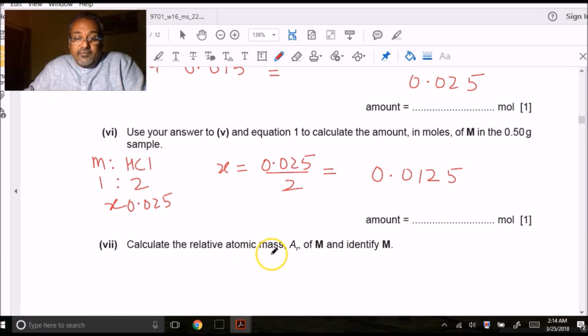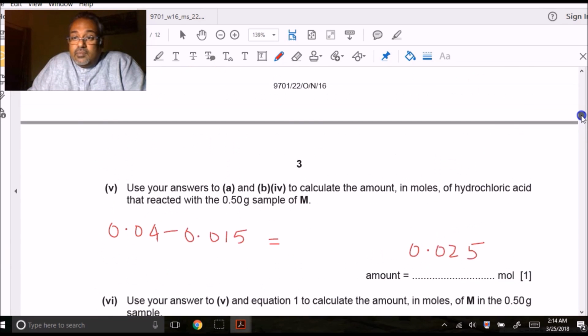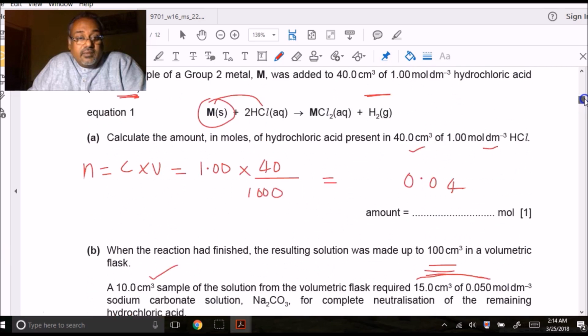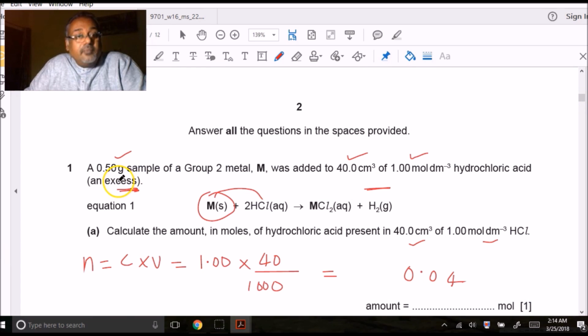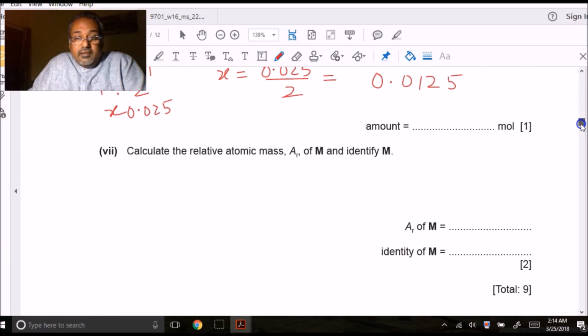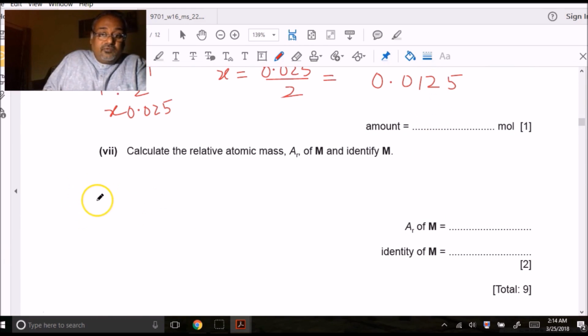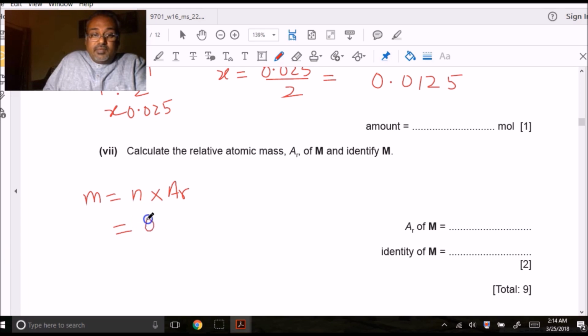And we have to use that information to find the AR of the M. Now for that, if you go back to the question, you'll notice that the mass of M was 0.5. So I have the mass 0.5, and I have now the moles. To find the AR, I'm going to take the previous answer, 0.0125, and the mass is given as 0.50.